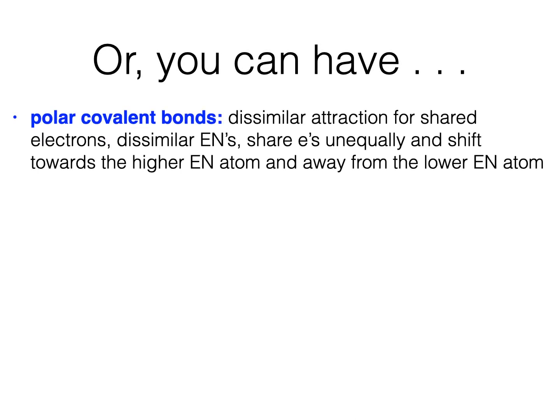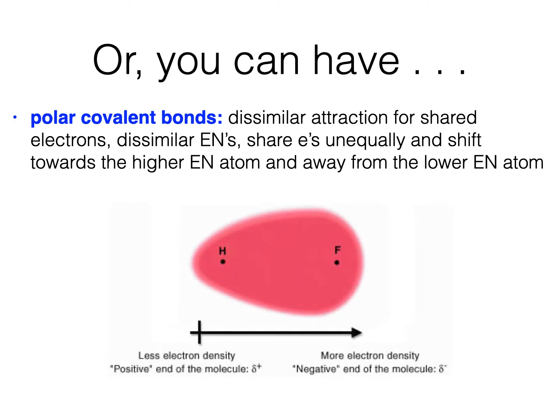But now we have a third possibility, in between those extremes, where two nonmetals are joined together, but they do not share the electrons equally because their electronegativities are more dissimilar. In this situation, the shared electrons will drift towards the more electronegative element.